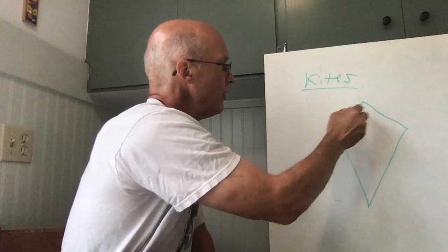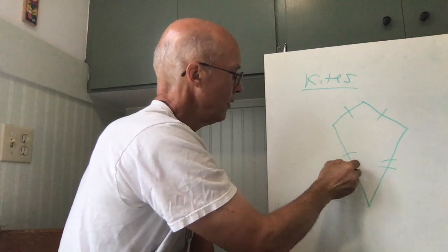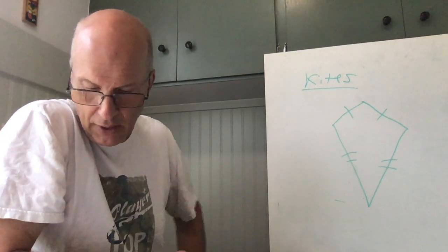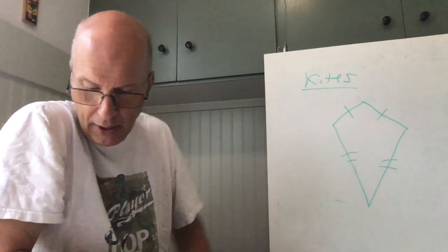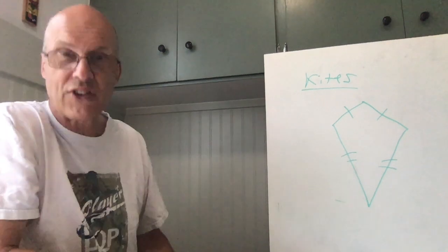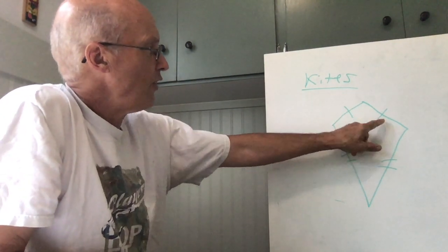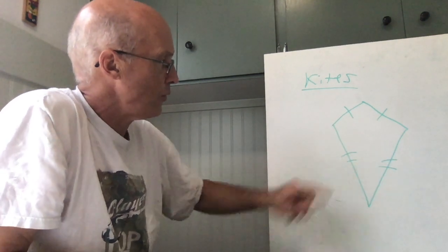It's got two consecutive sides that are congruent. So let me read their definition. A kite is a quadrilateral with exactly two pairs of consecutive congruent sides. So that's consecutive and they're congruent. That's consecutive with that and they're congruent.